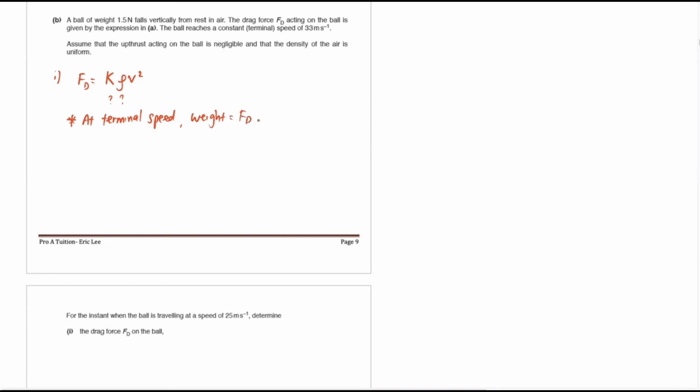Imagine your ball has weight 1.5 Newton, then it is balanced by the drag force, which must be 1.5 Newton also.